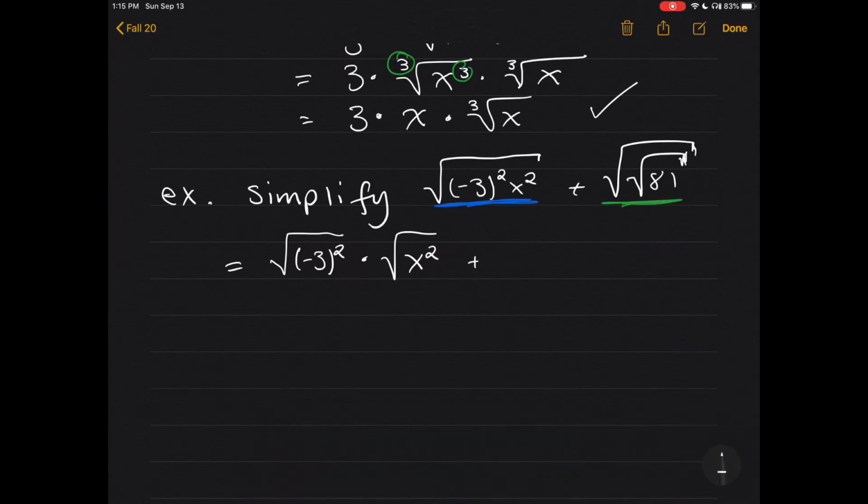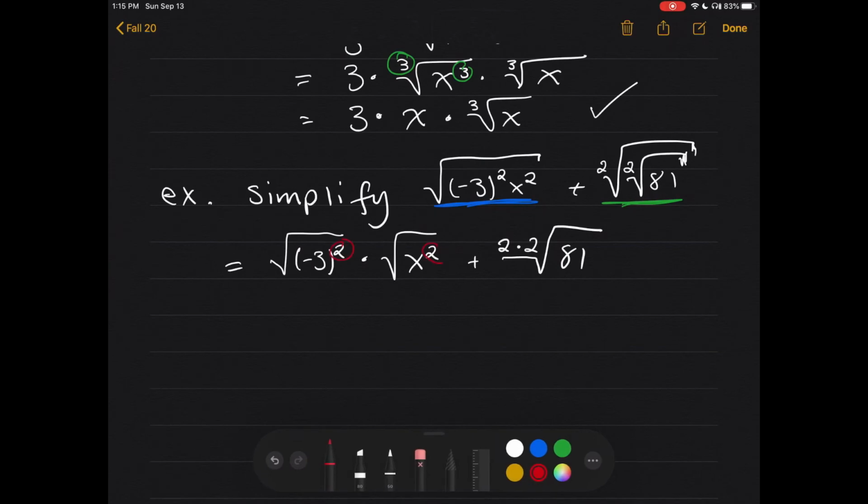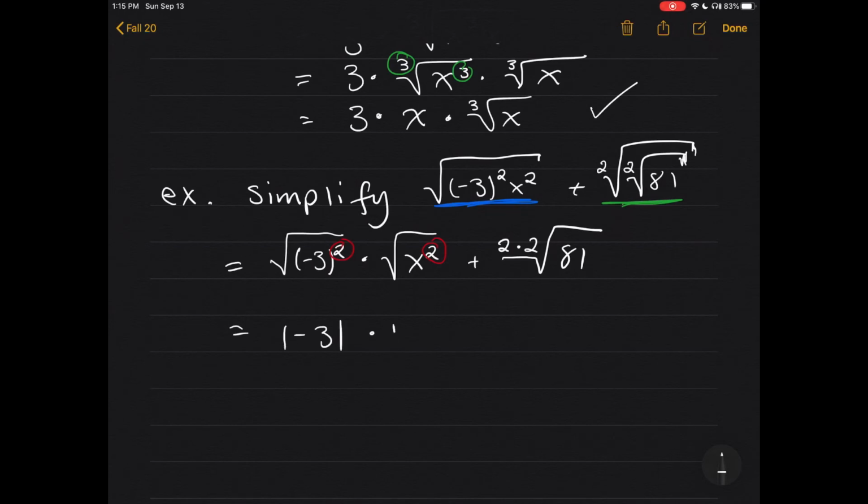Secretly, every time you see a radical like that, there's a 2 here. So then this becomes 2 times 2, 81. Cool. 2, in both these cases, is an even number, so we're going to get the absolute value of -3 times the absolute value of x, plus, and 2 times 2 is the fourth root of 81.